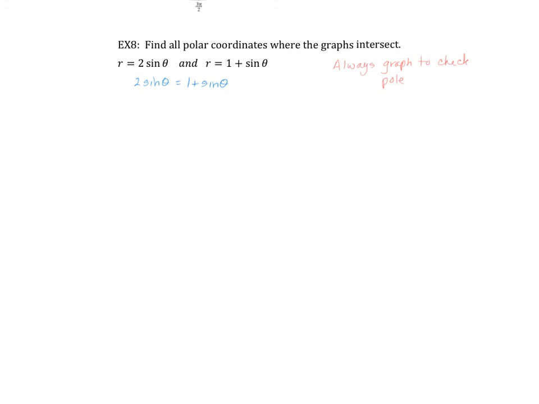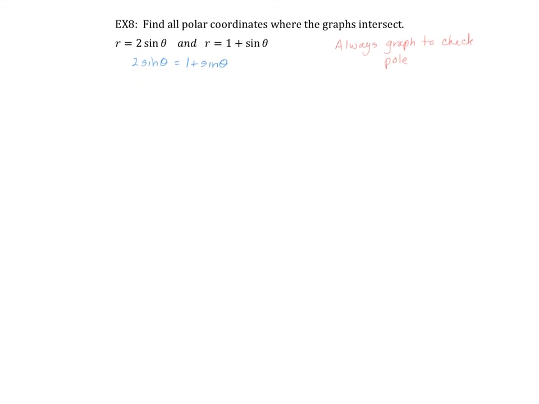So for example, if I were going to solve this algebraically, I would subtract sine of theta from both sides and get sine theta equal to 1. Easy enough. Sine is equal to 1 when theta is equal to pi over 2. But if this were a trig class, remember that if we add or subtract 2 pi, we're still at the same point, so I would add 2k pi, technically.